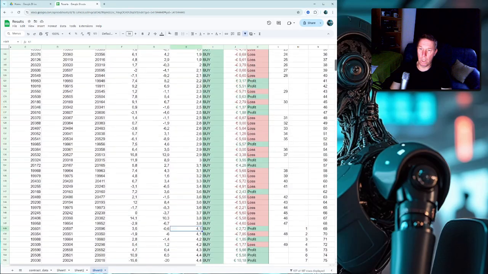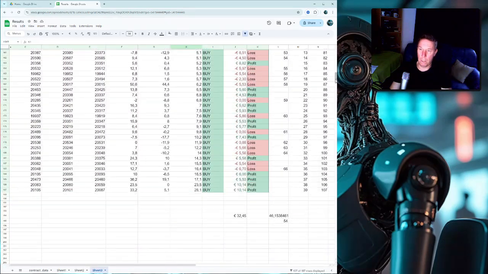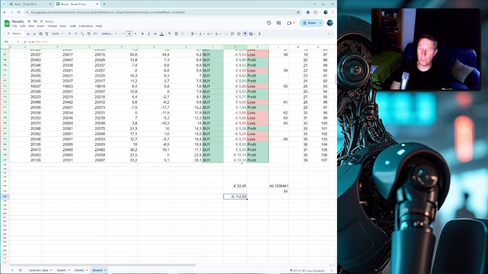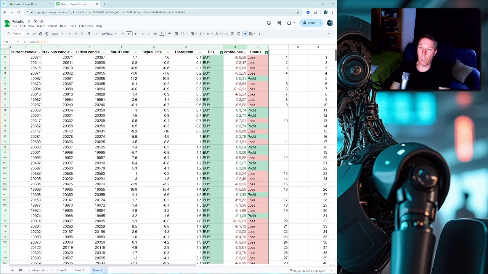So now I'm gonna look at until, that's a large one, yeah, the total, let's take the total first. And in total I would make a loss, and that's what's represented right now. What happened in the last week while testing is that I made over 112 euros loss because of the buys that weren't that good at all.